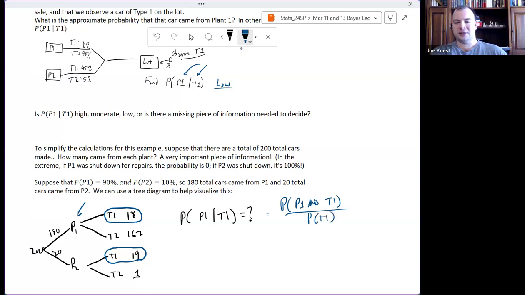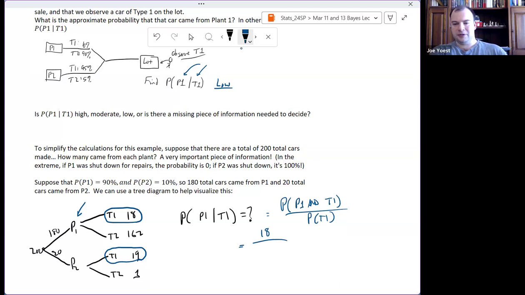This was just our formula for conditional probability. Plant 1 and type 1 is 18. And I mean, this would be 18 over 200 or whatever, but we're going to have a 200 on the top and the bottom, so we can just count the numbers. The denominators will divide out.